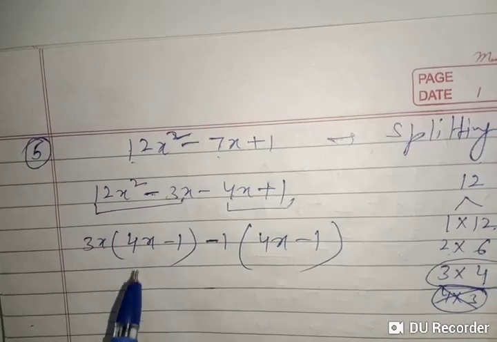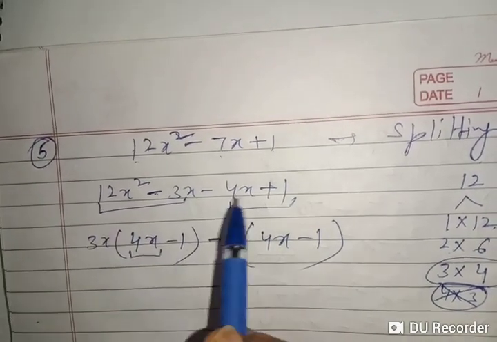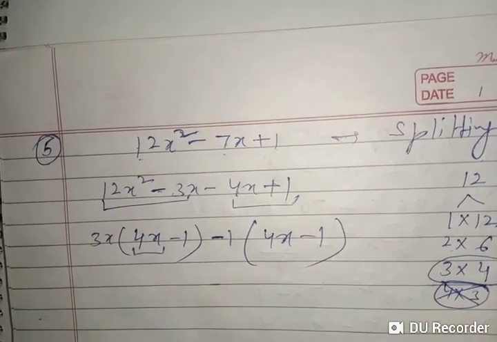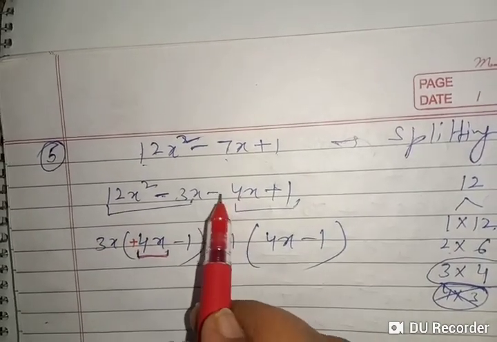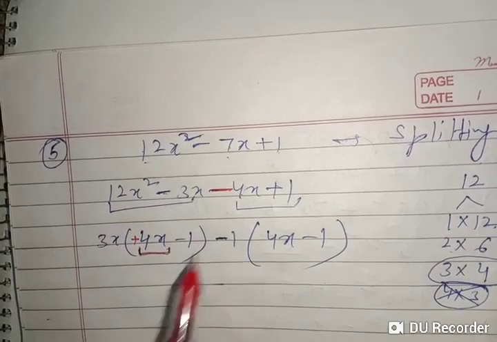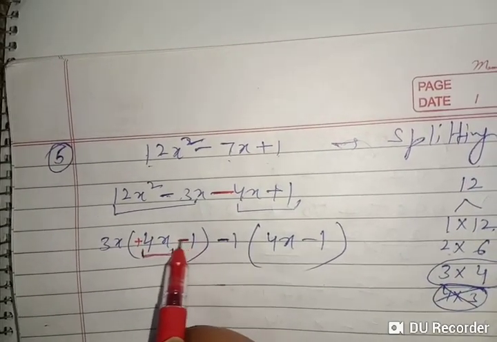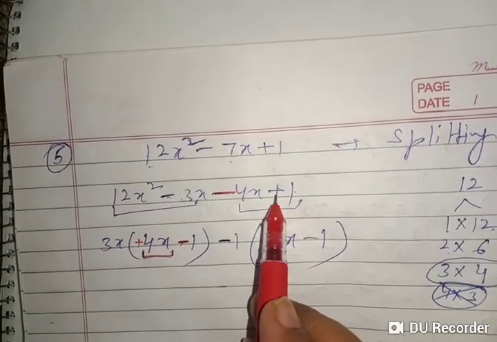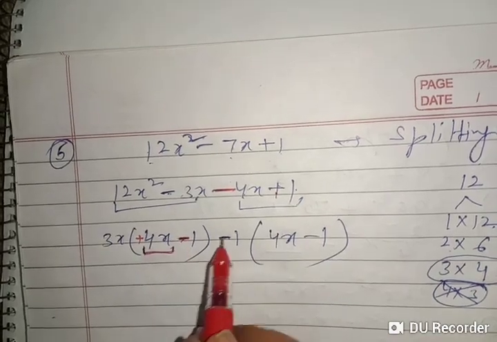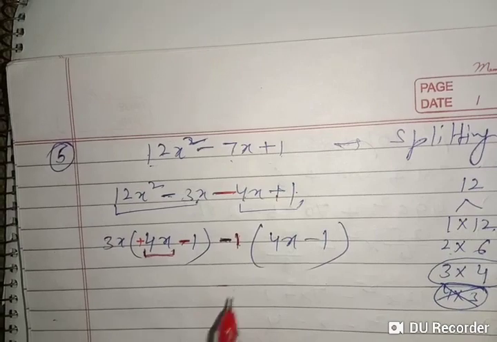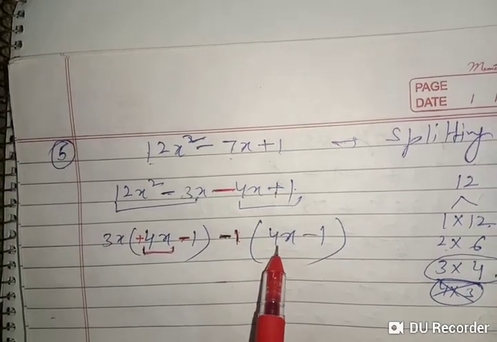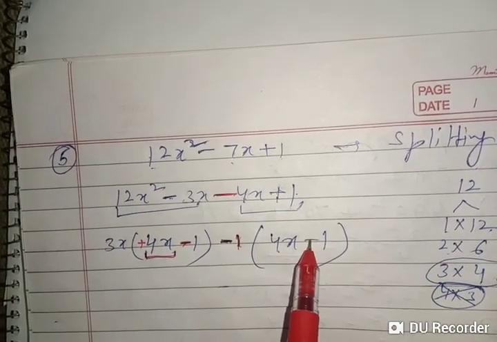Because see, here I need 4x in plus, but this 4x is in minus. And this 1 is in plus, but I need minus. So I have to take minus common here. If I take minus common, this 4 will become plus and this plus will become minus.